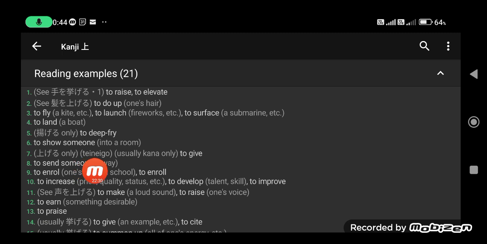And teinego here. The teinego means the polite way of speaking Japanese. In the field of teinego, the ageru here, usually written in kana, means to give. You can write ageru in kana writing, and it will mean to give.